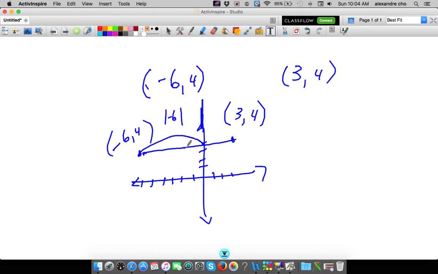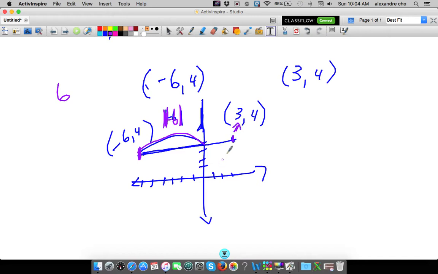Remember, the absolute value is the distance between a number and 0. Negative 6 is 6 spaces away from 0, so they use the absolute value. The absolute value of negative 6 is 6, so it's 6 spaces away from 0.